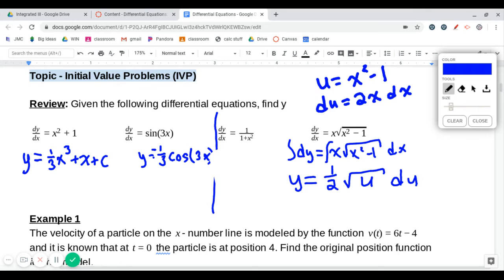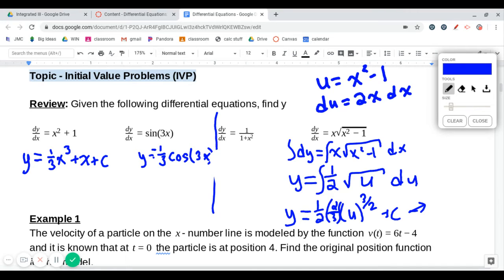Then this is the integral of this. So this means that y equals, let's see, square root of u becomes u to the 3/2, multiplying by 2/3, so 1/2 times 2/3, plus c. So we'll simplify this.